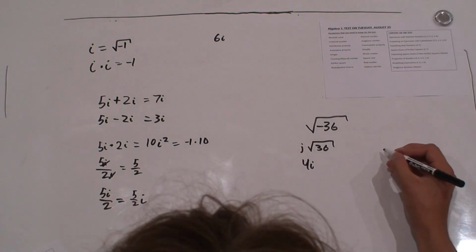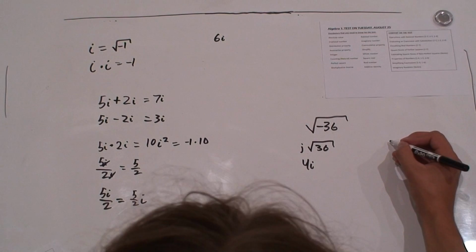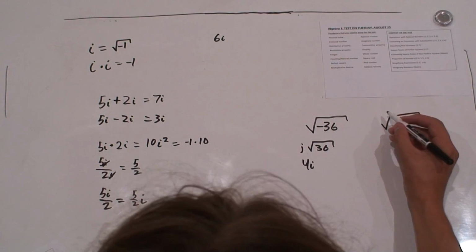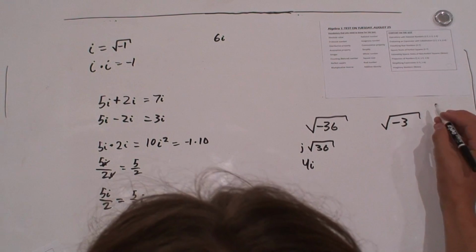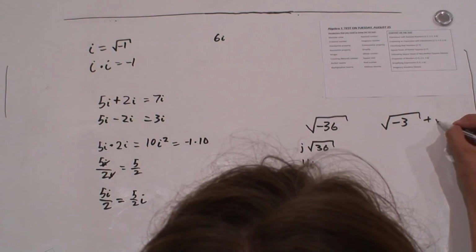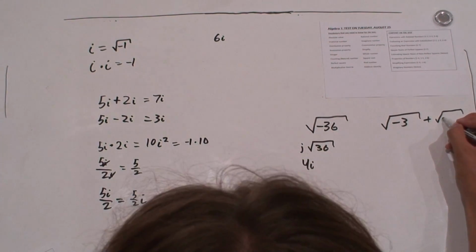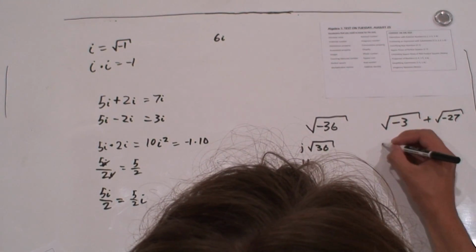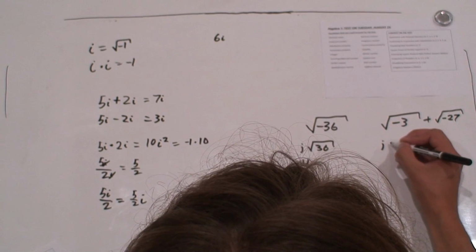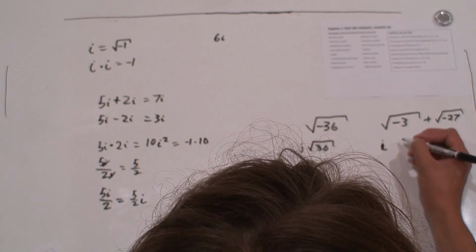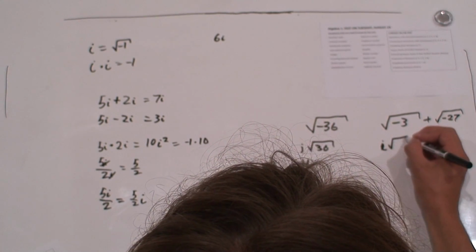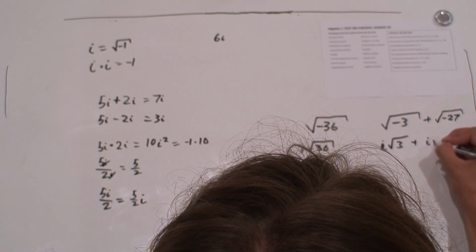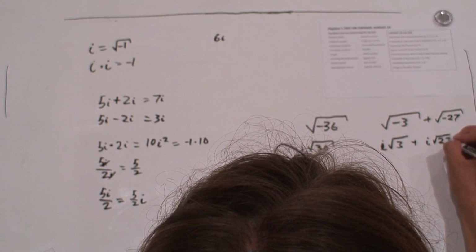Another thing we did today, just to refresh your memory on it, we did the square root of -3 plus the square root of -27. We took the i's out of it. Sorry if my i's look a lot like j's. We had i root 3 plus i root 27.